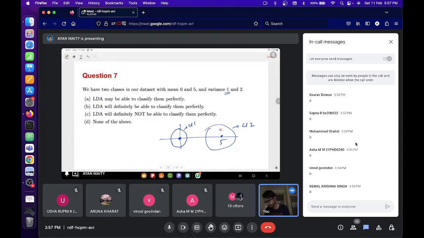So this is a red cross, a point for class 1 only, but it is present so far away from class 1 that it is actually nearer to the second class. This can be a scenario, that some outlier points might lie very far away from the mean, but the variance we get is still 1, because most of the points are nearer to the mean 0.